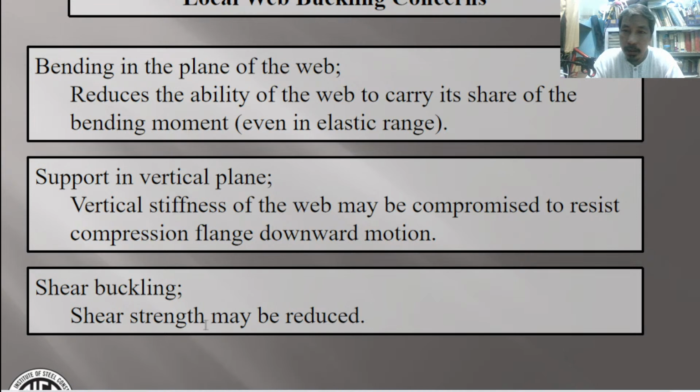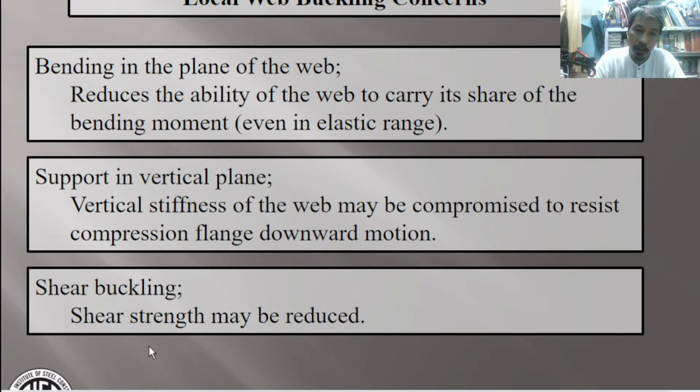So, local web buckling concerns. Bending in the plane of the web reduces the ability of the web to carry its share of the bending moment. Even in the elastic range, there is some percentage that the web participates in resisting the load. Support in vertical plane: the vertical stiffness of the web may be compromised to resist compression plane's downward motion.